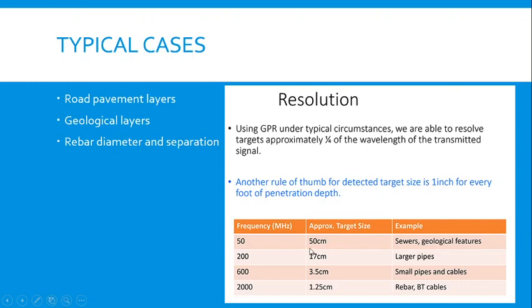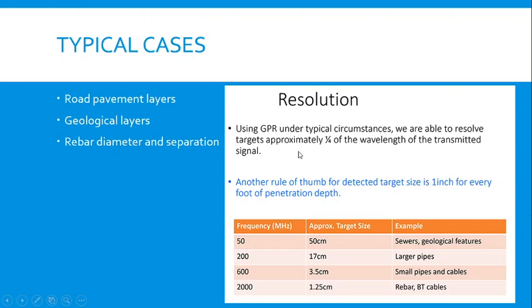For 50 megahertz, a 50 centimeter target is easily identified, for example sewers or geological features. For 200 megahertz, 17 centimeters will be enough. As we increase the frequency, the target size decreases. In the case of 2 gigahertz, the size becomes 1.25 centimeters, which suits rebars and BT cables.